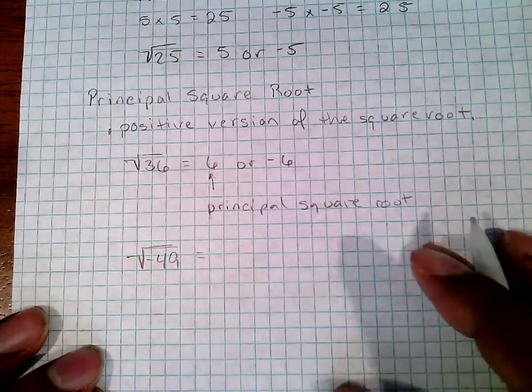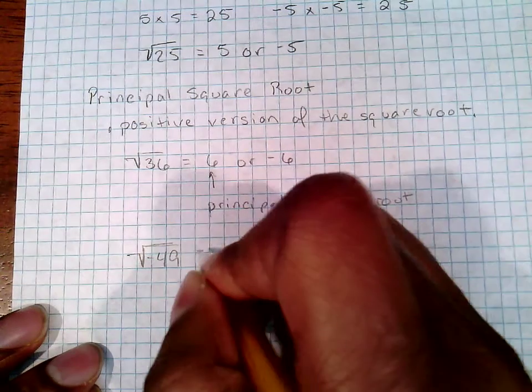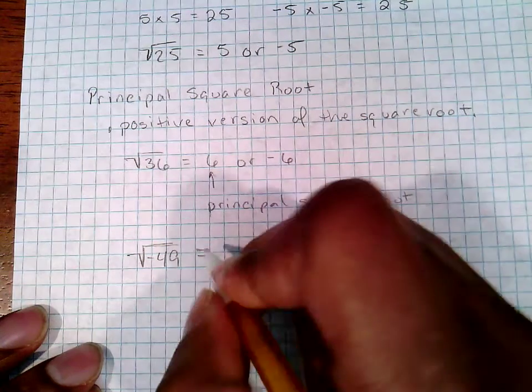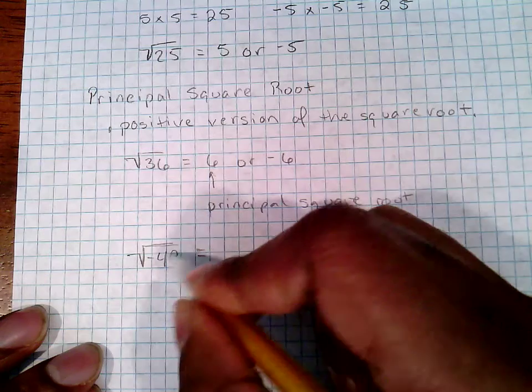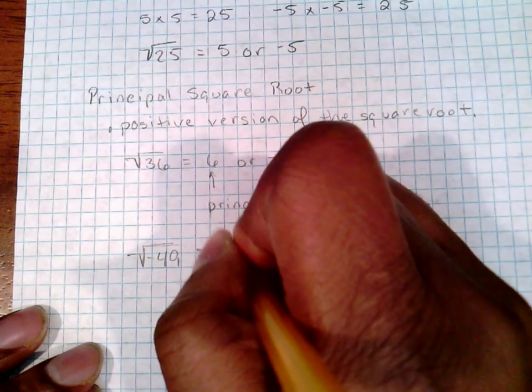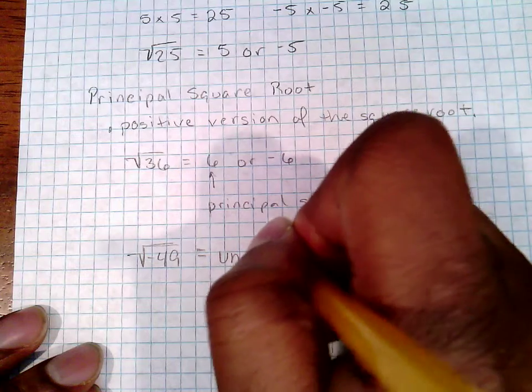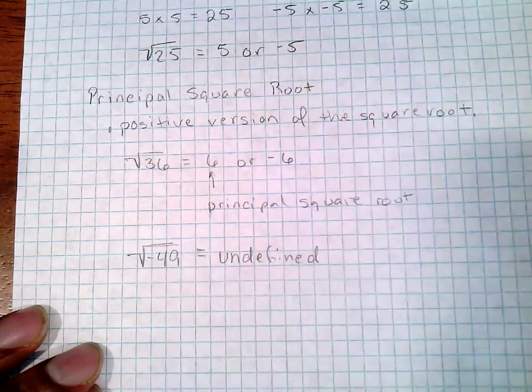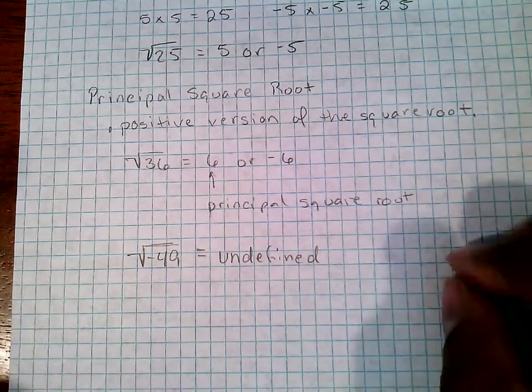And the answer to that would be no. And so the square root of negative 49 would be an undefined result.